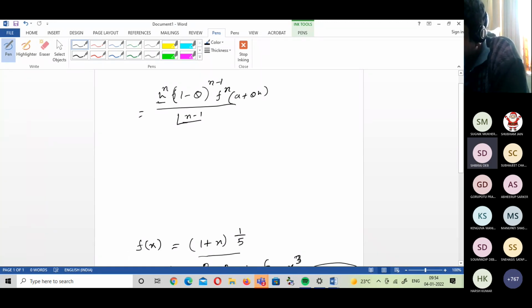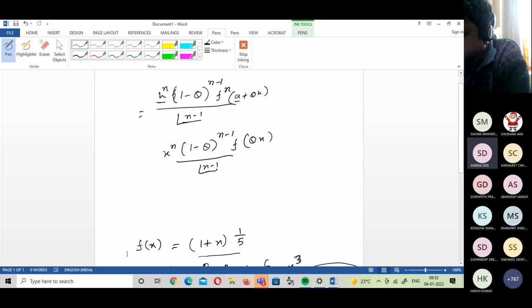If h is equal to x, then it will be x to the power n, 1 minus theta to the power n minus 1, f n of 0 plus theta x.